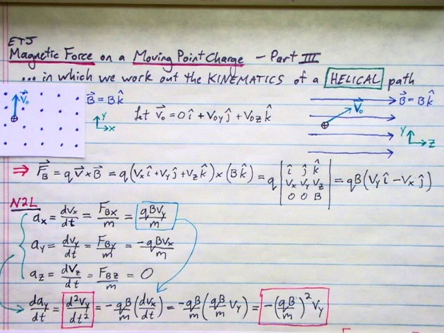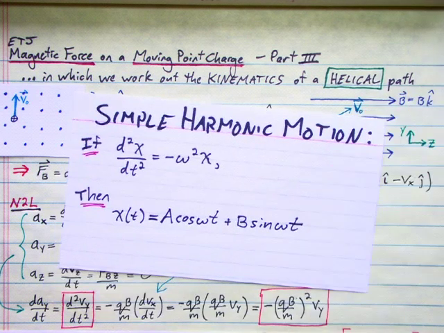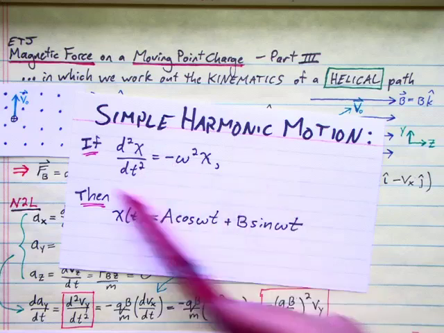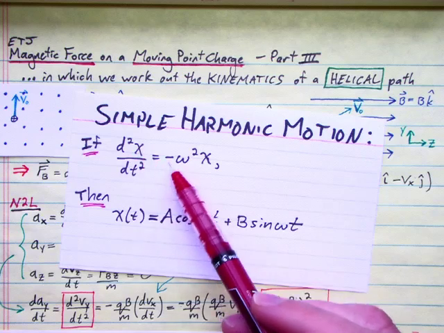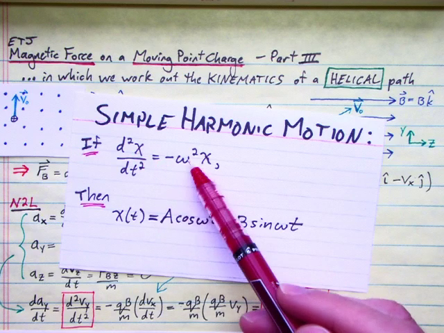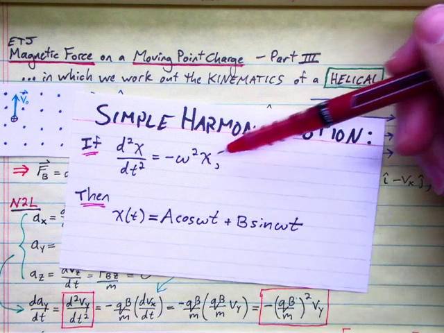And now note what we have. We have the second time derivative of Vy equals the opposite of some constant times Vy. And that is the exact form for simple harmonic motion. Whenever we see an equation like this, where d squared/dt squared of some variable equals the opposite of some constant times that same variable, we know that that variable will be a harmonic function of time.